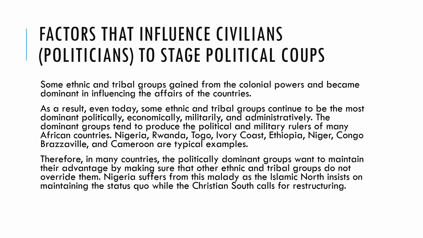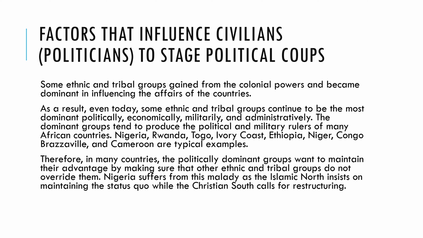As a result, even today, some ethnic and tribal groups continue to be the most dominant politically, economically, militarily, and administratively. The dominant groups tend to produce the political and military rulers of many African countries.